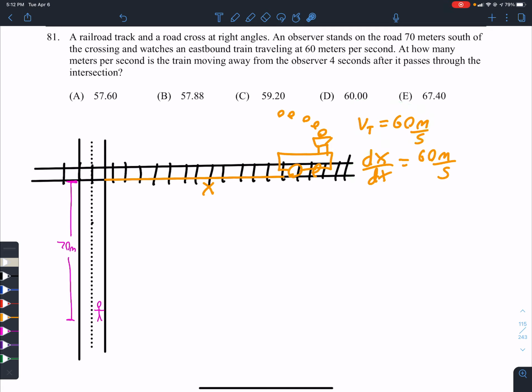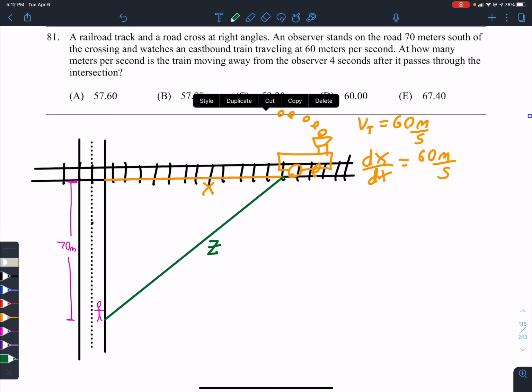And then what are we asked to do? We're asked to find how fast the train is moving away from the observer. So the train to the observer is this distance right here. I will call that distance z, and they want to know how fast z is changing as time changes.